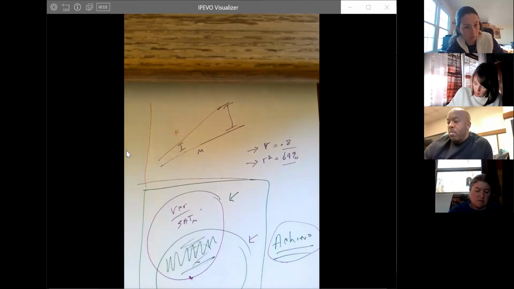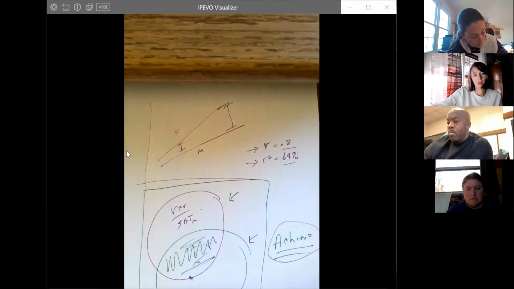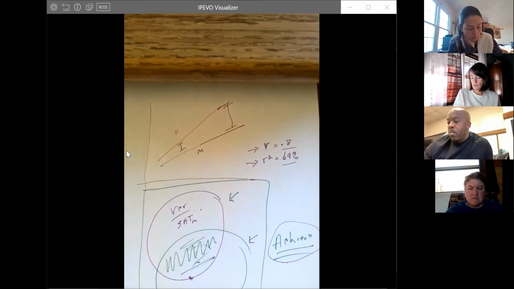In some texts, the R squared is called the index of discrimination. There are all kinds of terms for it. But it's a percentage; it gives you a percentage of how much the two things share: shared variance. Now, there's a lot of concepts in there to unpack.